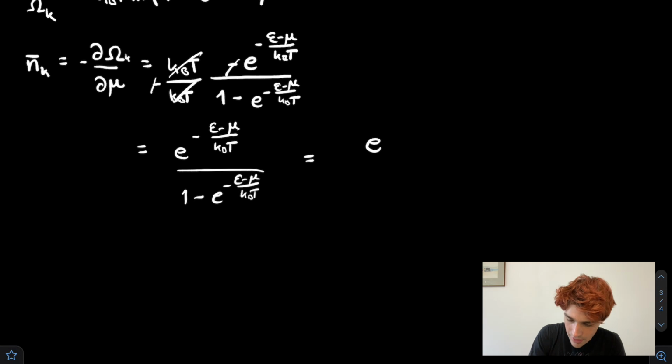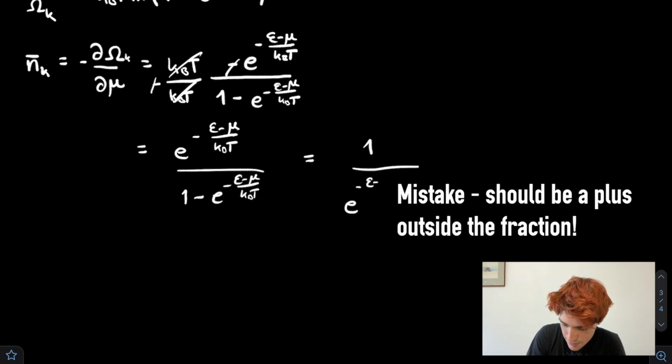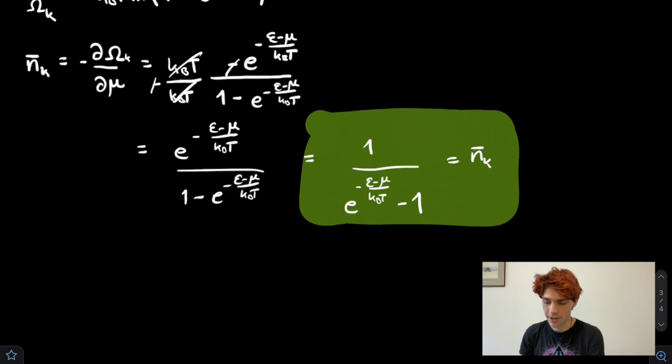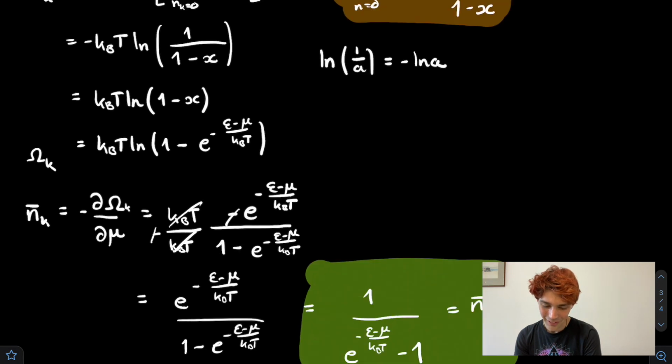That's going to be e to the 0, which is just 1, divided by e to the epsilon minus mu over kBT minus 1. That is nk. And that is, you'll be pleased to hear, the result for bosons, which is known as the Bose-Einstein distribution. So let's have a look at both distributions, because aren't they just exactly the same? Well, not quite.